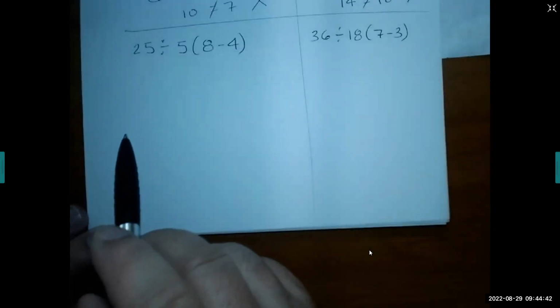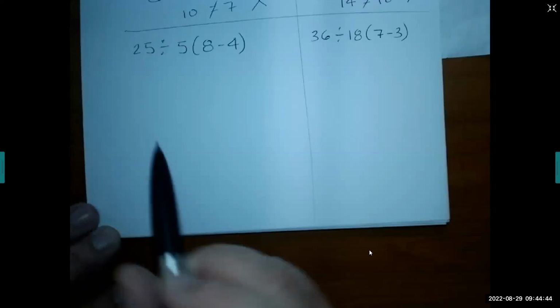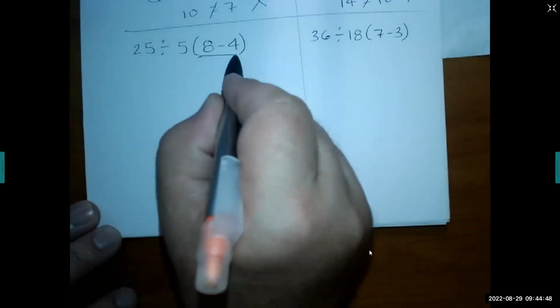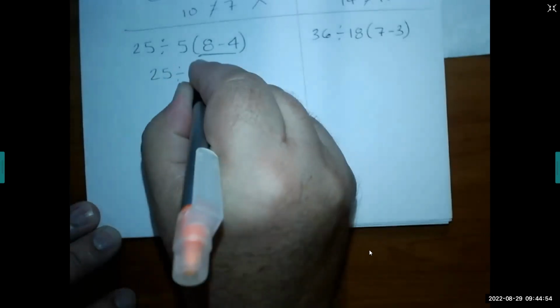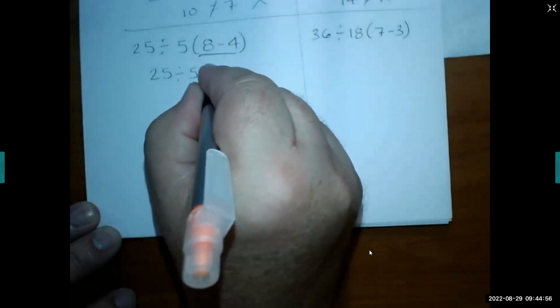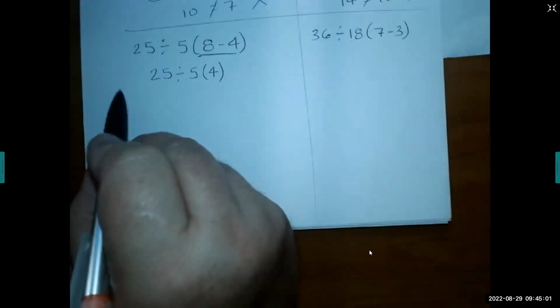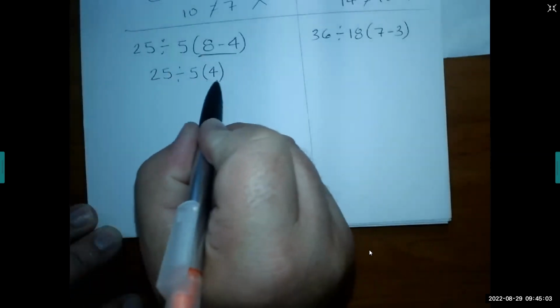In this first one here, what do you have to do first? Yeah, read left to right. Are there any parentheses? Yes. So we have to do inside here first. Eight minus 4 is 4. Read left to right again. Here we can't do anything inside there.